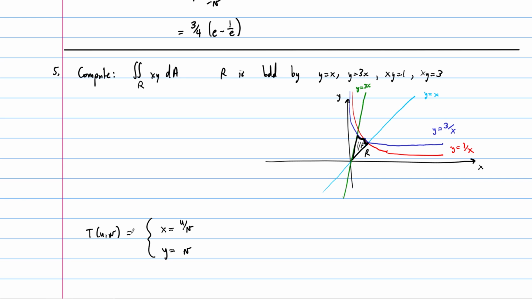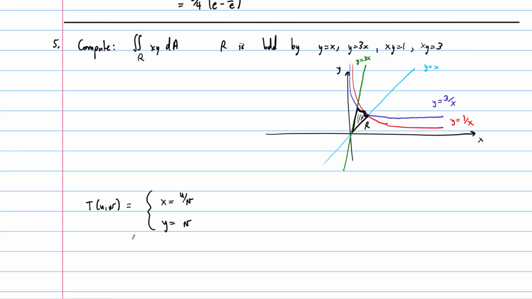In this case, the equations are going to look like the following. Y equals x is now going to become v equals u over v, or this of course can become u is equal to v squared, right? Similarly, the equation y equals 3x is going to become v equals 3u over v, or u is equal to 1/3 v squared.